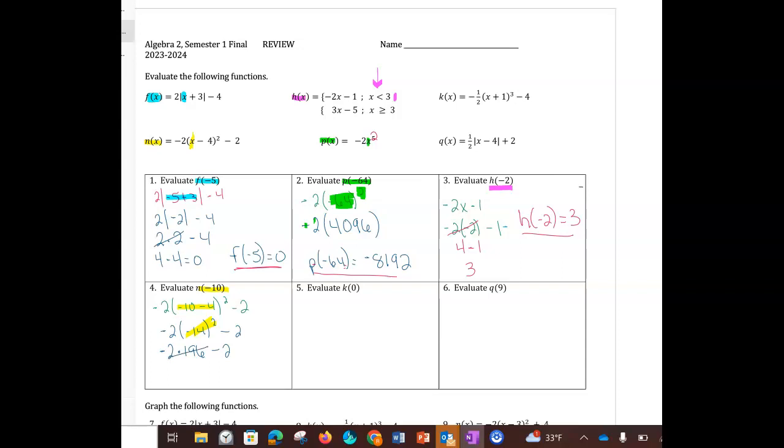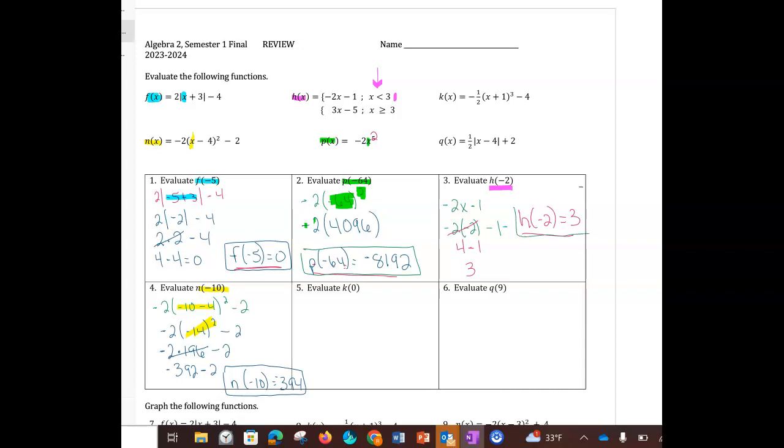And now I'm going to multiply, which gives me negative 392, and then once I subtract 2 from there, my function, n, if I make x become negative 10, gives me an answer of negative 394. Oops. Sorry, I'm just boxing these in.